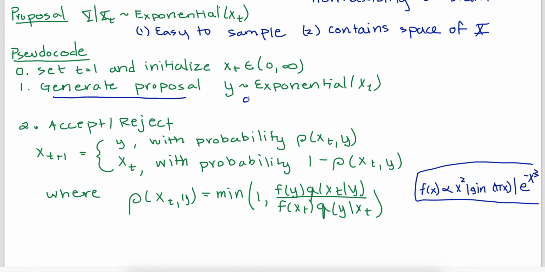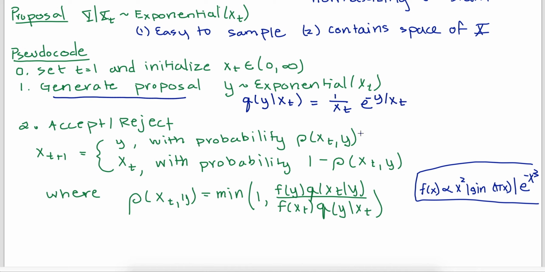So our proposal distribution, q of y given our current position xt, that actual PDF here is 1 over xt, e to the negative y over xt. Now, this seems weird, but remember our parameter of the exponential distribution, we've defined it to be where we currently are. E to the negative y, that's our random variable, over xt, that's our parameter.